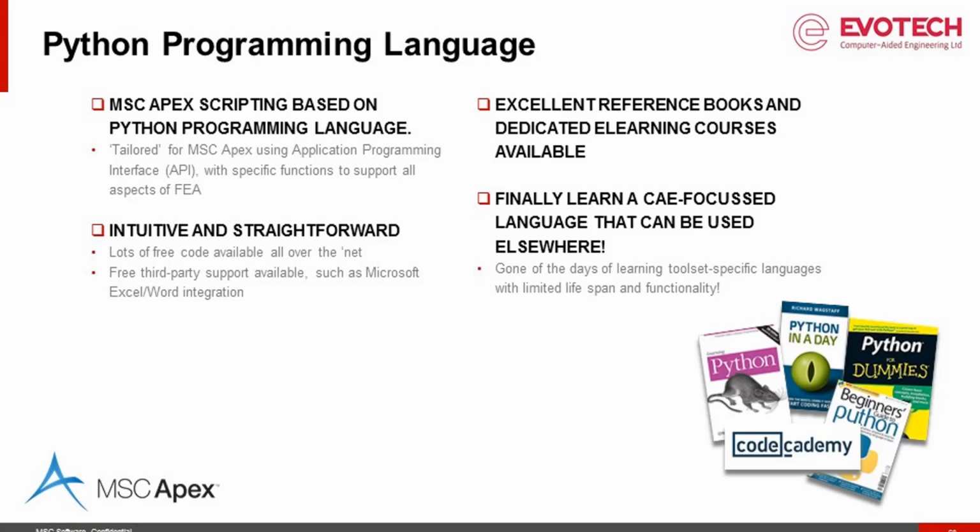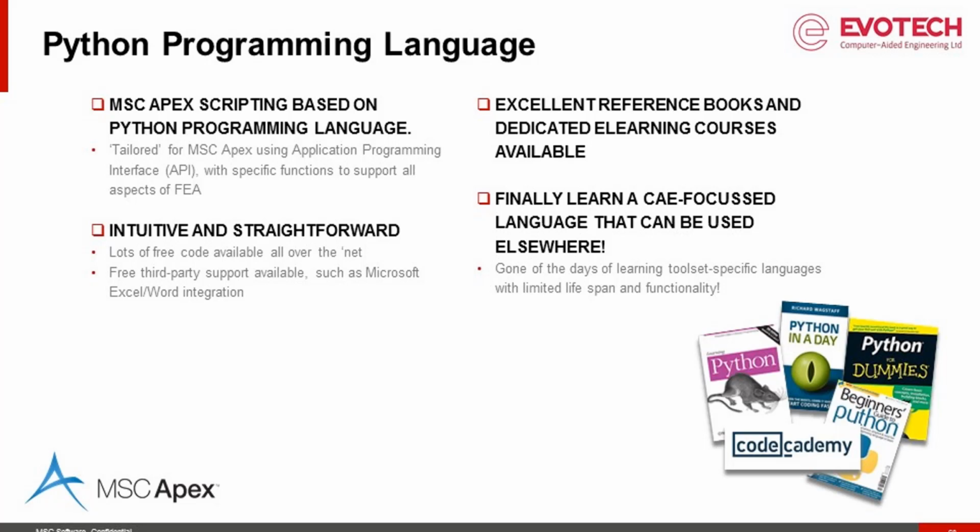And then just touching on the Python programming language, so MSC Apex is based on the API, rather the application programming interface is based on the Python programming language and tailored specifically for MSC Apex, so we've got many specific functions to support all aspects of FEA.